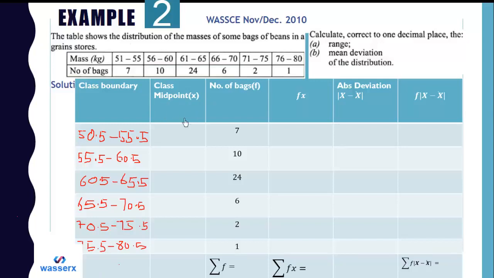Next, we find the class midpoint. The class midpoint is found by adding the lower class interval to the upper class interval. So 51 plus 55 will give us 106. 106 divided by 2 will give us 53. So this space will be 53.